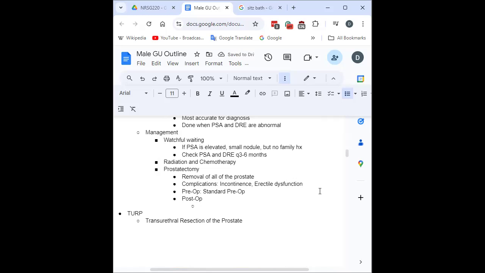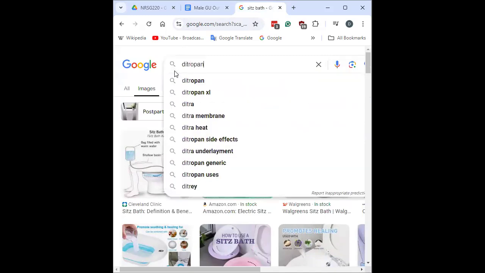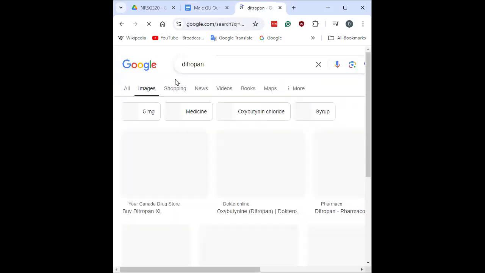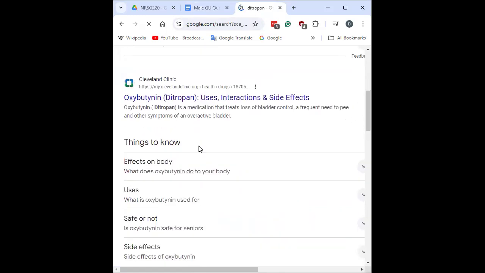A special thing to watch out for is they can give antispasmodics. Ditropan, also called oxybutynin, is used for hyperactive bladder.